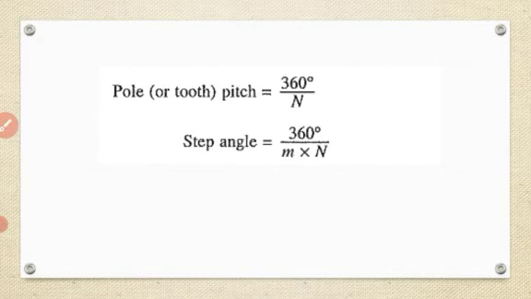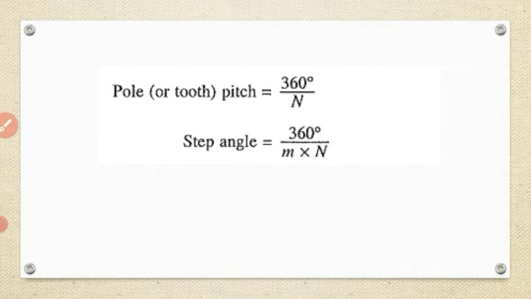The pole pitch is nothing but 360 degrees divided by n, where n is the number of rotor poles or teeth, and m is the number of stacks or phases.